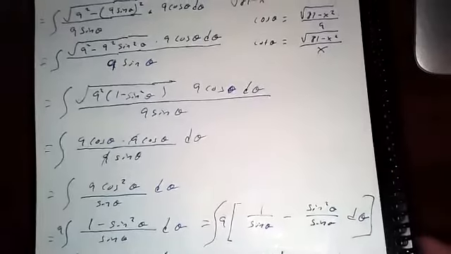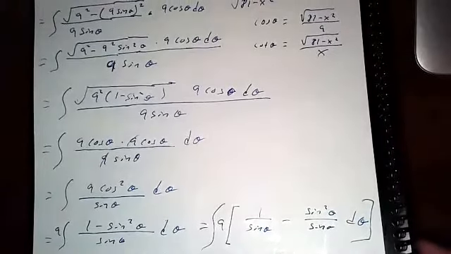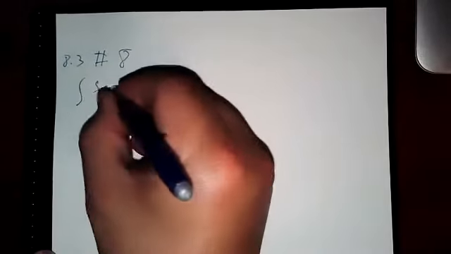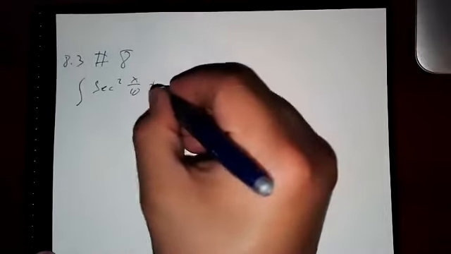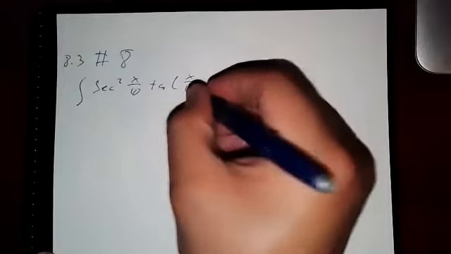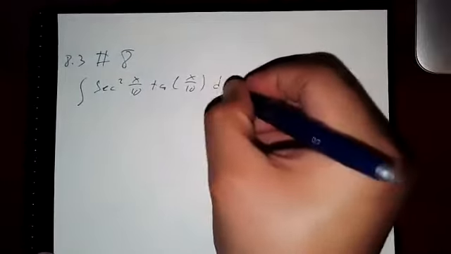Okay, so they have the integral of secant squared x over 10 times tangent of x over 10 dx.